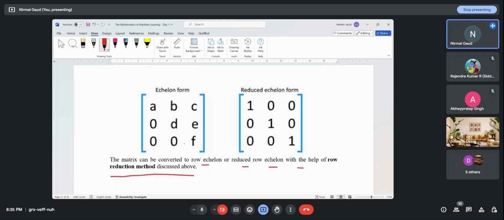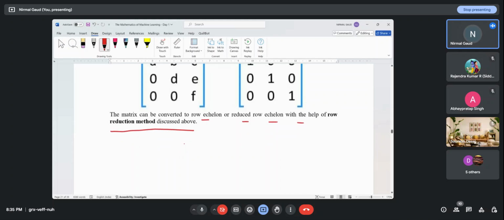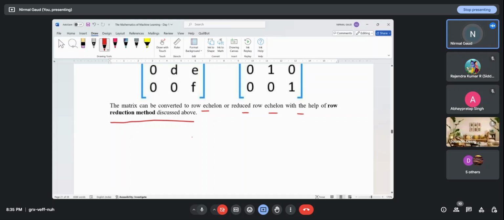at the lowest row, see, the echelon format says there is a rule. Yesterday only we studied it. The rule says that all the zeros should come at the bottom.